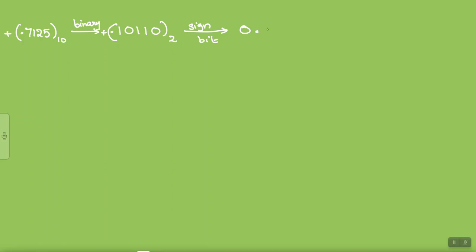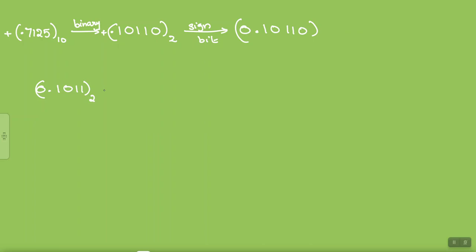So 0.10110. I am quantizing this to 5 decimal points. So 0.1011 to the base 2.